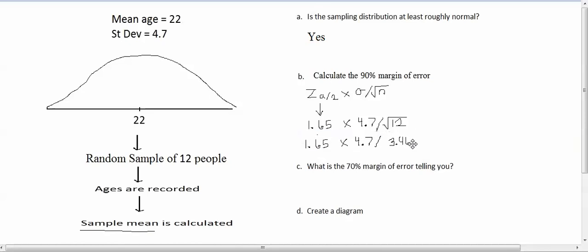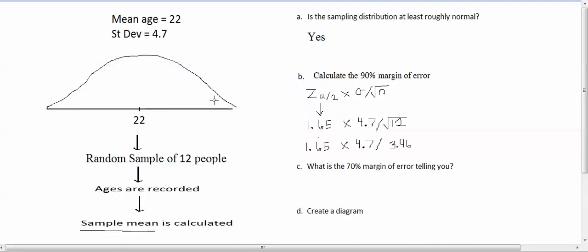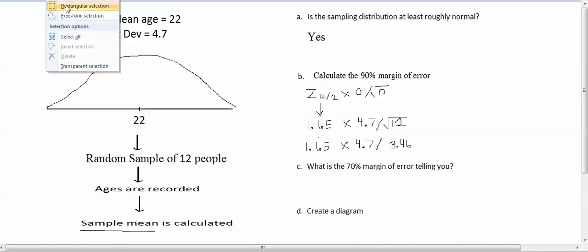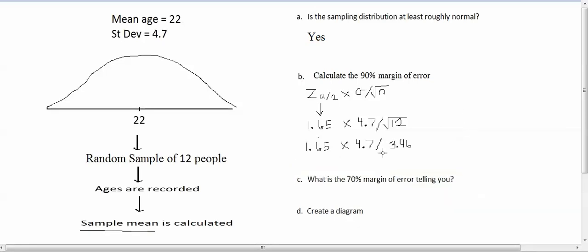We're going to divide 4.7 by 3.46. And we get 1.36. It rounds up because the third digit is an 8. So this fraction becomes 1.36.